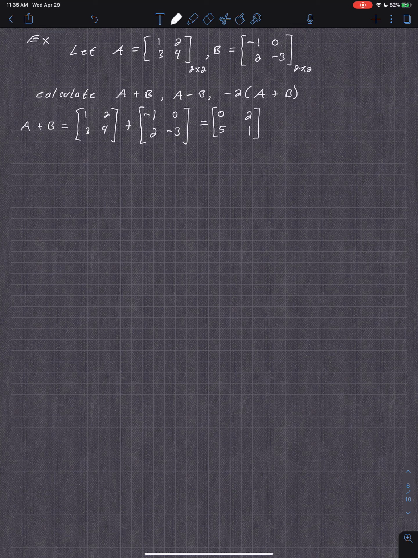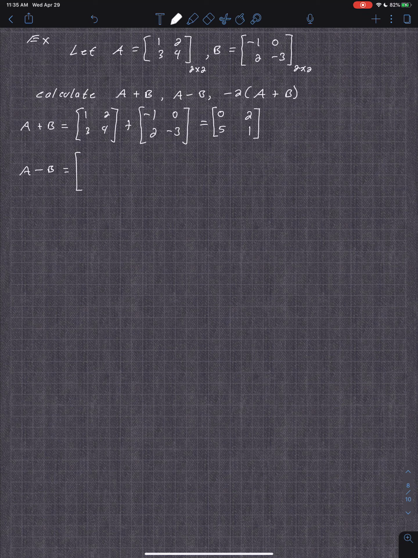And then subtract, A minus B. When it's simple, you can just look at it, and it's in that order, so A minus B. I think let's just write it out.